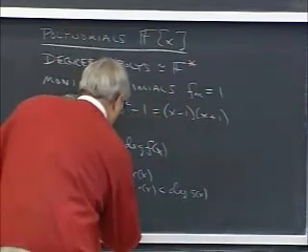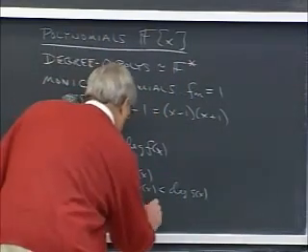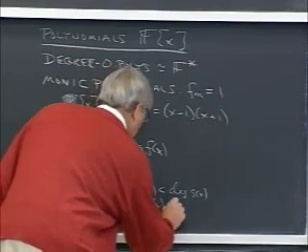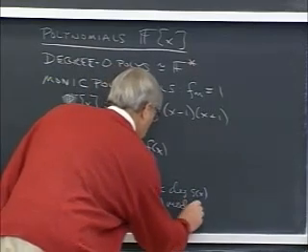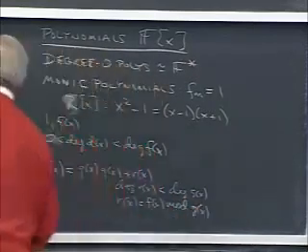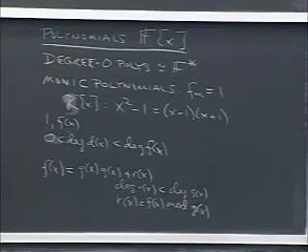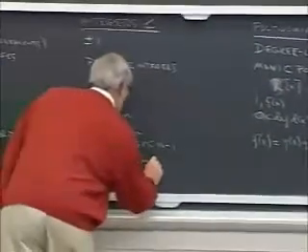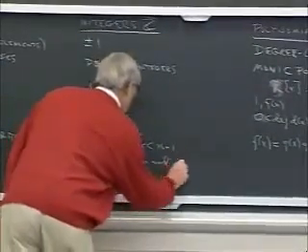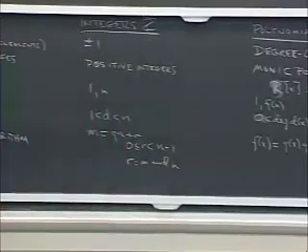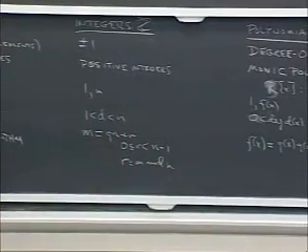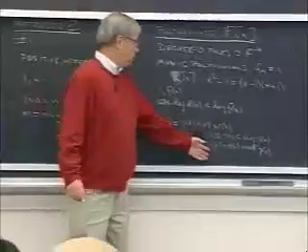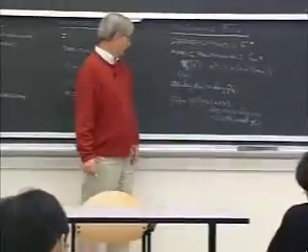And here the remainder is called f of x mod g of x, just as the remainder here is called m mod n. And there's a unique remainder.